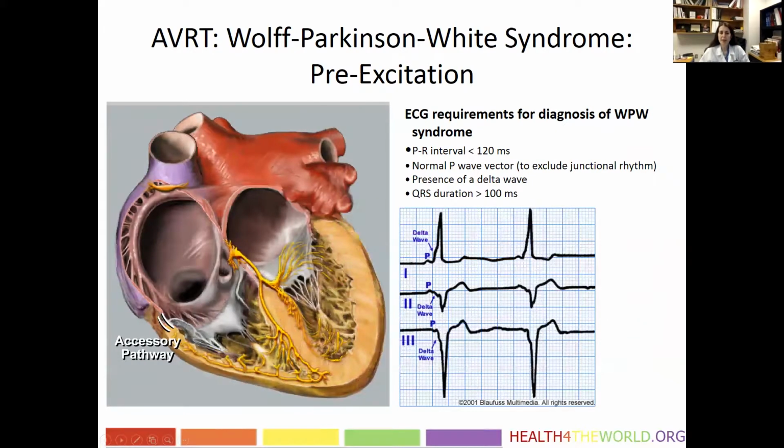So what happens when we have a patient with an accessory pathway with Wolff-Parkinson-White syndrome? Again, the electrical conduction system of the heart, sinus node. The sinus beat starts from the sinus node.